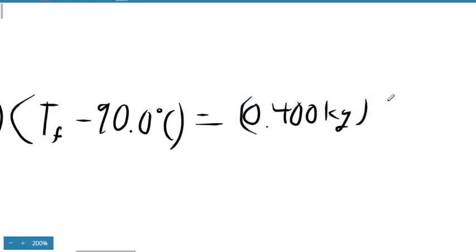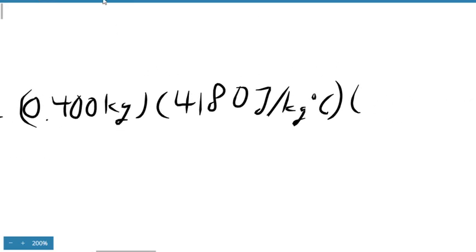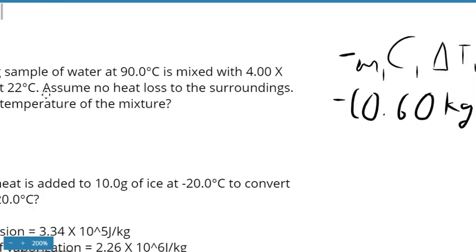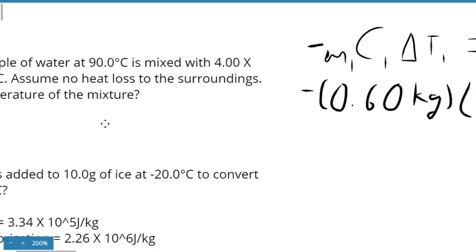Then we multiply this by the specific heat, which is the same as the other side, because they're both liquid water, 4180 joules per kilogram degrees Celsius. Then multiply that by TF, and then minus the initial temperature for this sample, which is 22 degrees Celsius.